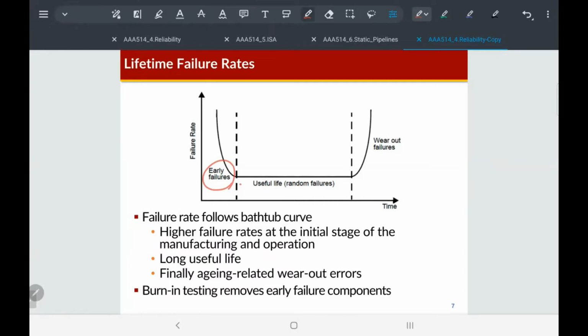So think of this as the processor. We implement our processor on silicon wafers, and the silicon wafers may have defects. During the manufacturing processes, these defects can be added to our processor chip. So usually during manufacturing, some errors can be included. And this is called the early failure.